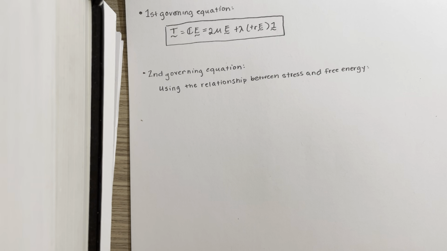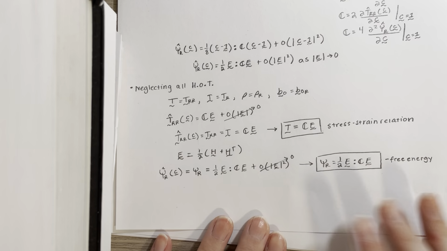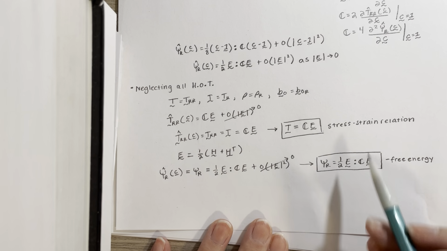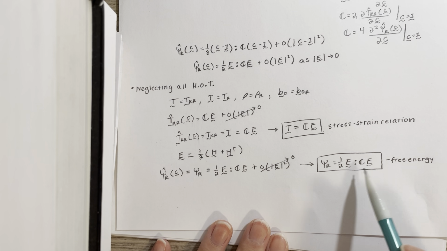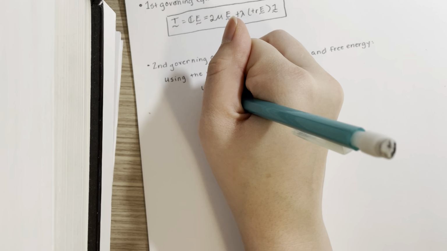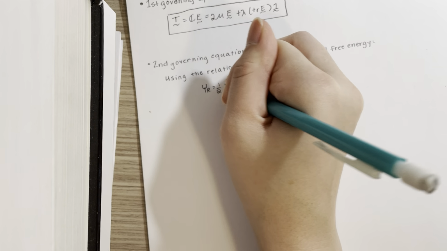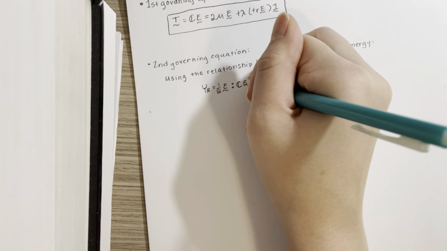So let's see. From our Taylor series expansion, we found that φ_R is equal to 1/2 the Green-St. Venant tensor double dotted with the elasticity tensor times the Green-St. Venant tensor. So we have that φ_R is equal to 1/2 E double dotted with CE.